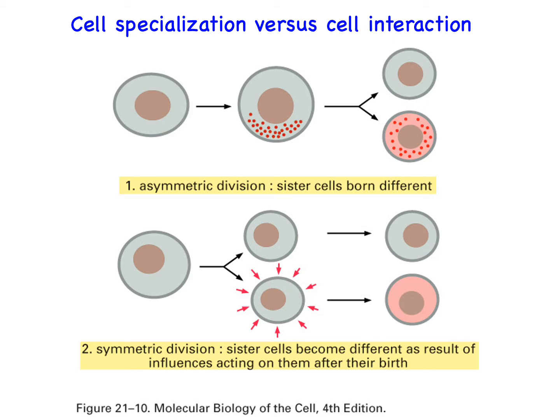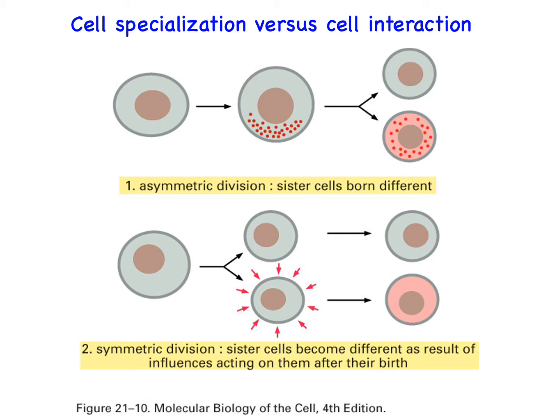And so you clearly have an asymmetric division here where the two daughter cells are not the same anymore. Now at the bottom it shows another way to get differentiation of two daughter cells, and that is if one of the daughter cells comes in contact with signals from outside that confer a different mode on that daughter cell versus the other one that doesn't get the signals.